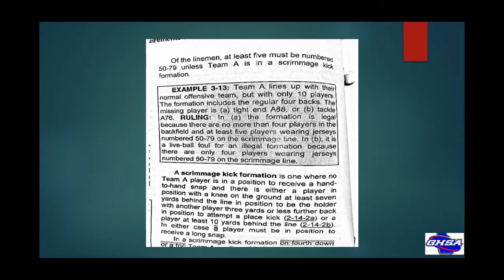One of them is missing. In A, the formation is legal because there are no more than 4 players in the backfield and at least 5 players wearing jerseys numbered 50 to 79 on the scrimmage line. In B, it's a live ball foul for an illegal formation because there are only 4 players wearing jerseys numbered 50 to 79 on the scrimmage line.